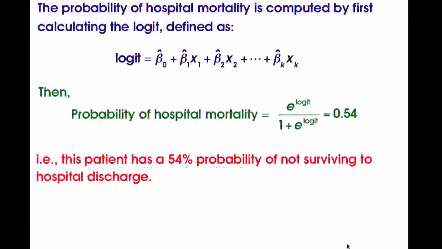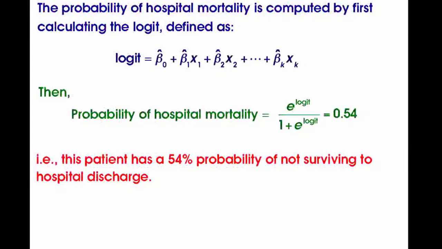And then you take e to the logit over 1 plus e to the logit, and you get 0.54. And okay, so here's a patient whose probability of dying is 54%. And that's good for the medical staff to know that this patient is more likely to die than to not die.